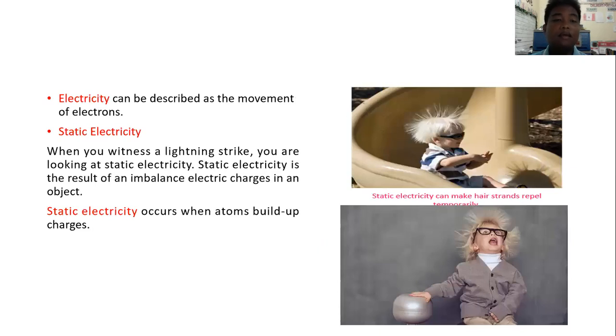So electricity can be described as the movement of electrons. We have this kind of electricity, the static electricity. When you witness a lightning strike, you are looking at static electricity. Static electricity is the result of imbalanced electric charges in an object.